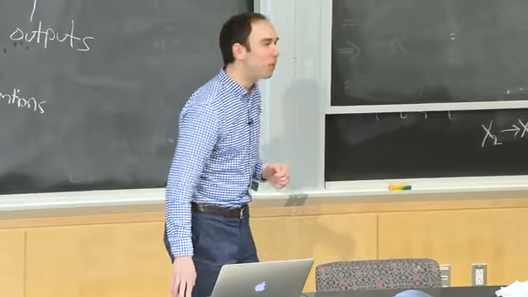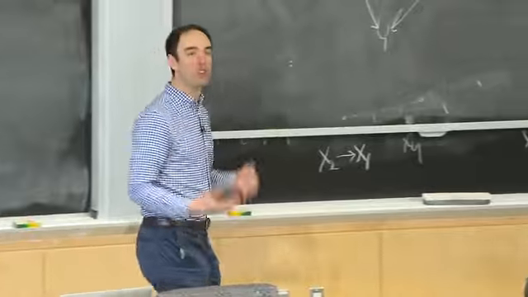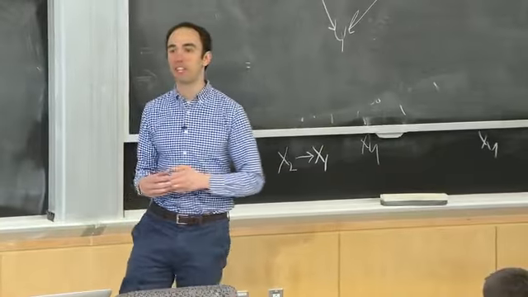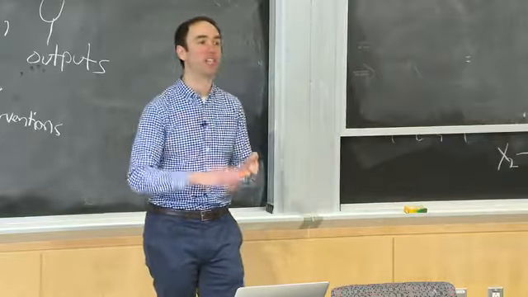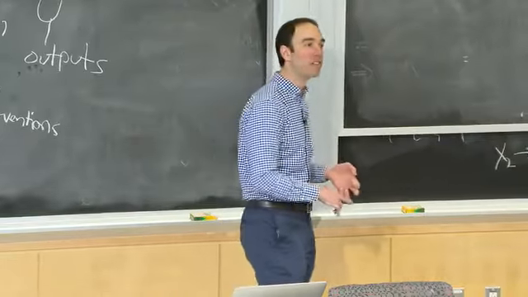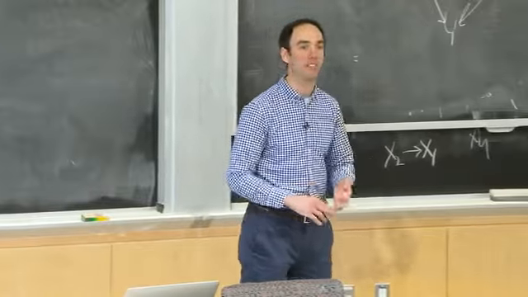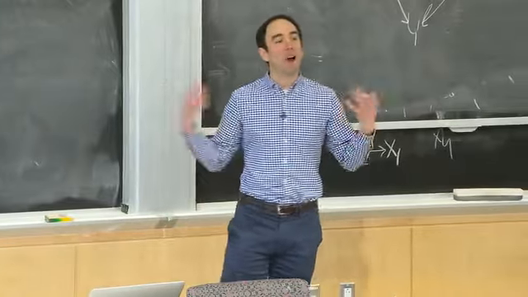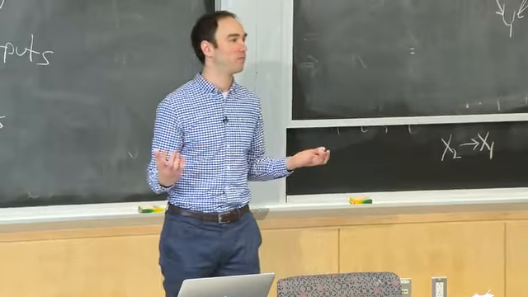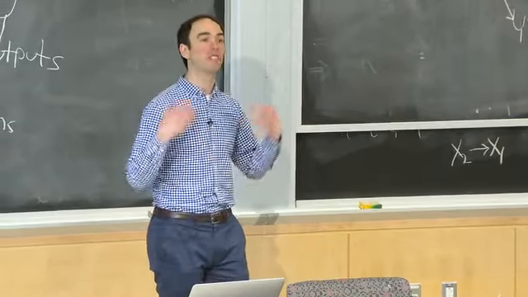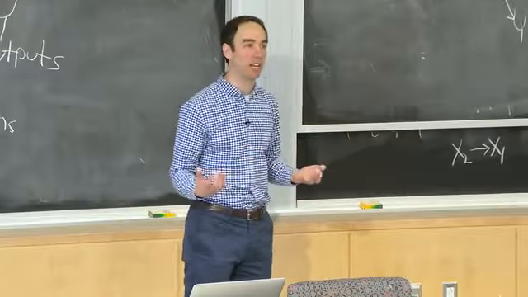Okay, now these questions are not new questions. They've been studied for decades in fields such as political science, economics, statistics, biostatistics. And the reason why they're studied in those other fields is because often you don't have the ability to intervene. And one has to try to answer these questions from observational data. Right?